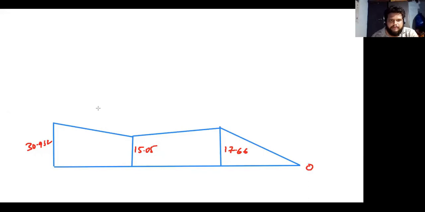So this is 48. Okay. And the next one is 20, just above this, because it is a UDL. So this is parabolic.